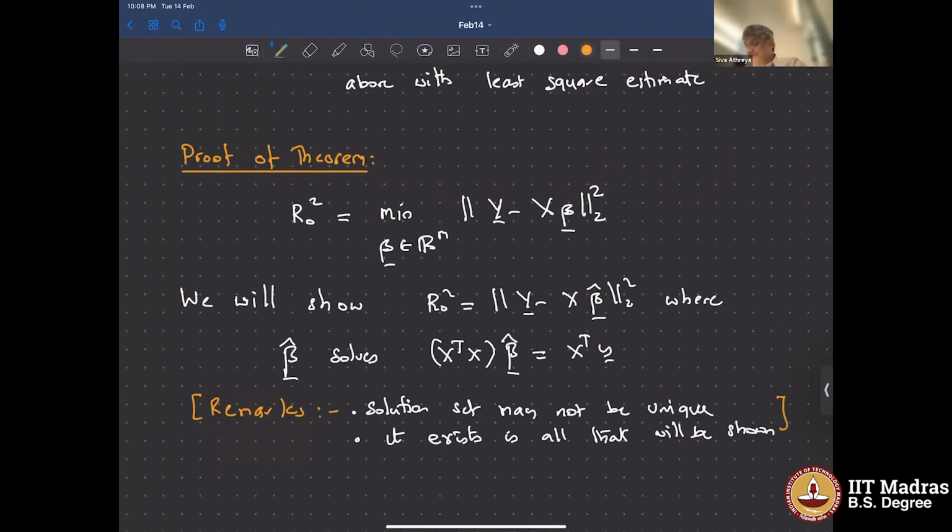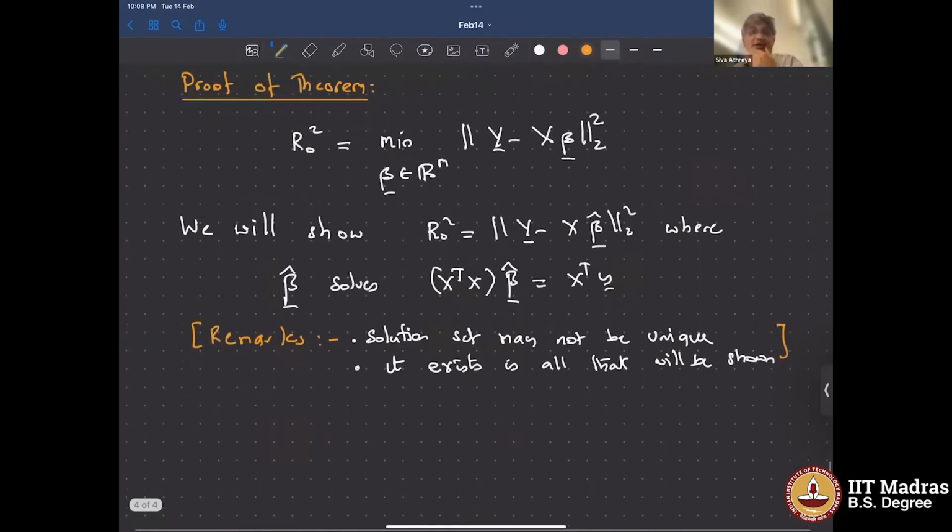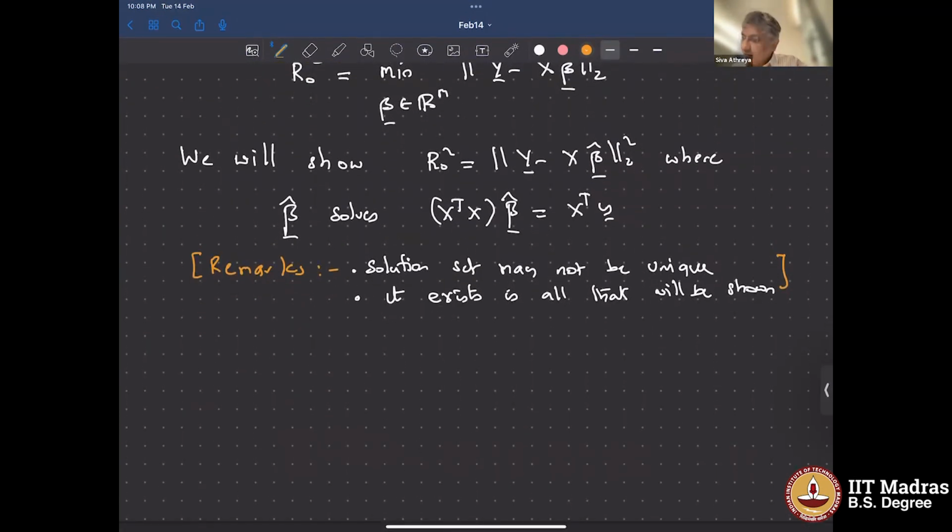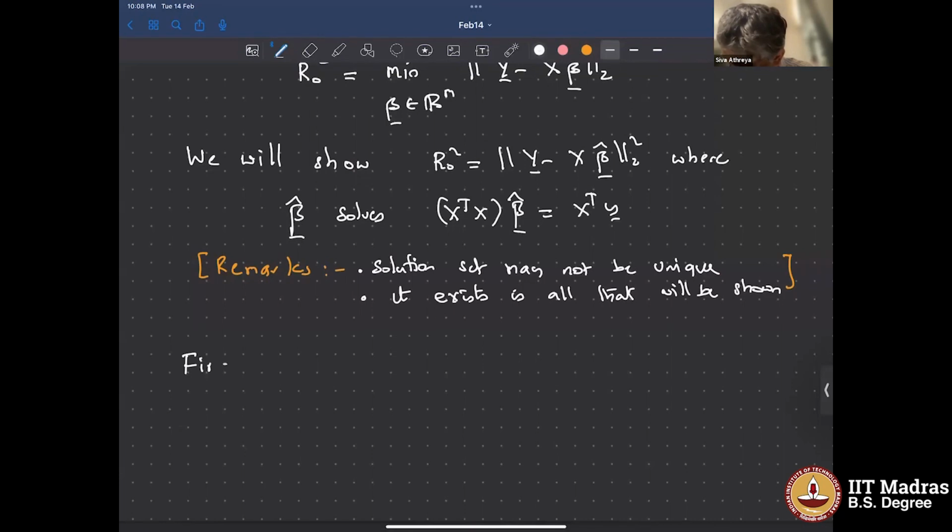So now let's try and see how to do this, step by step. First of all, let's do a simple linear algebra fact.